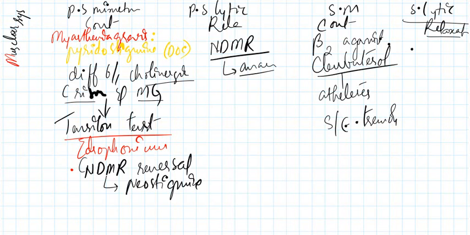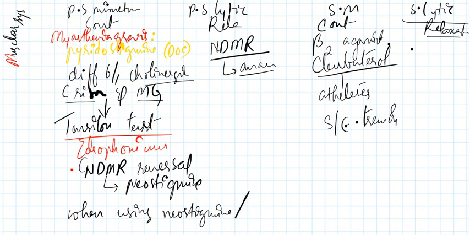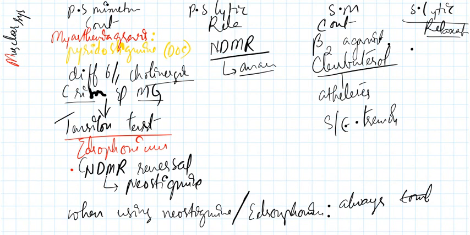When using neostigmine or edrophonium for any treatment, you always combine, or simply add, atropine.